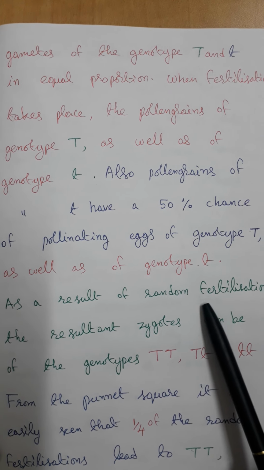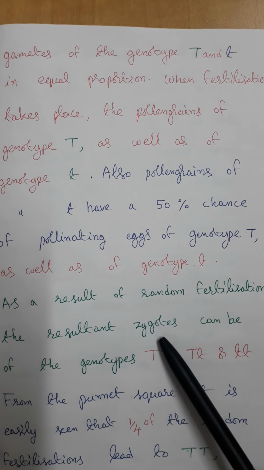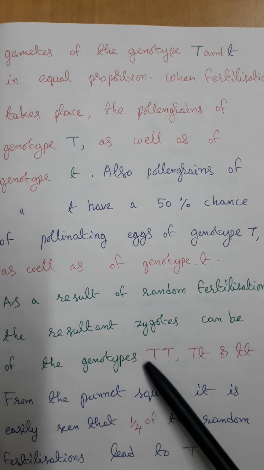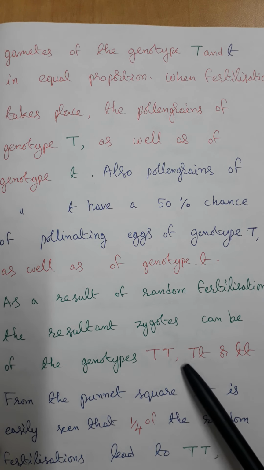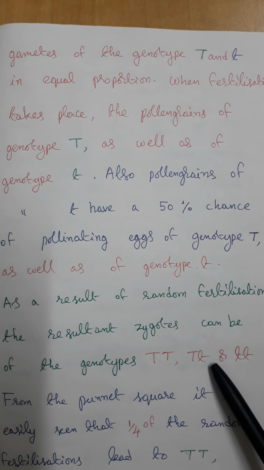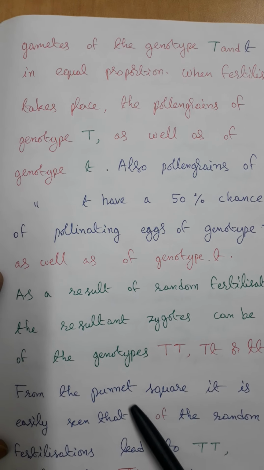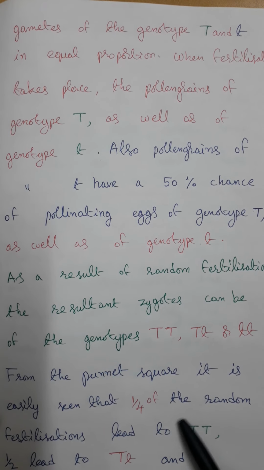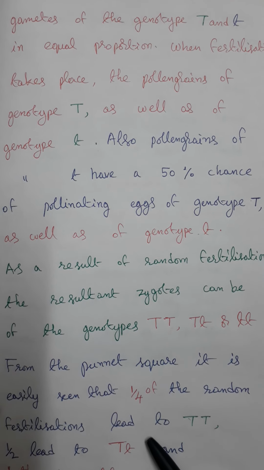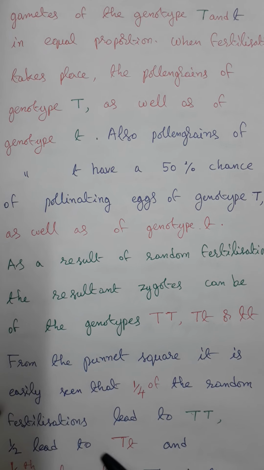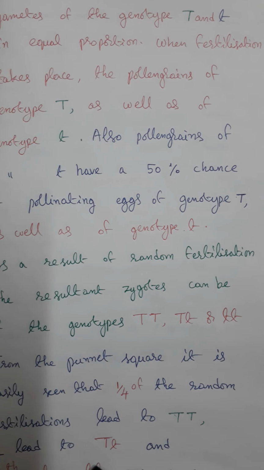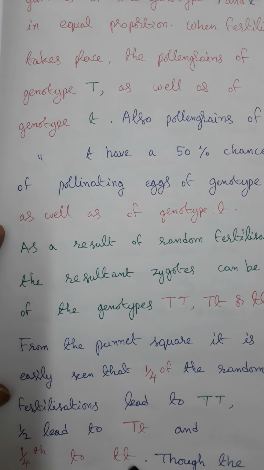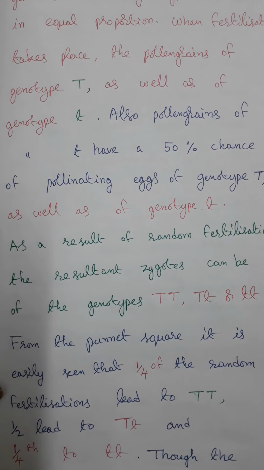As a result of random fertilization, the resultant zygotes can be of genotypes capital T capital T, capital T small t, or small t small t. From the Punnett square, it is easily seen that 1/4 of the random fertilization leads to capital T capital T, 1/2 leads to capital T small t, and 1/4 to small t small t.